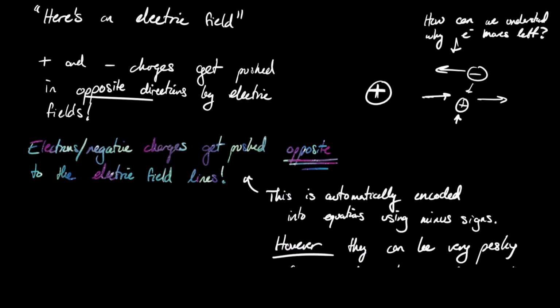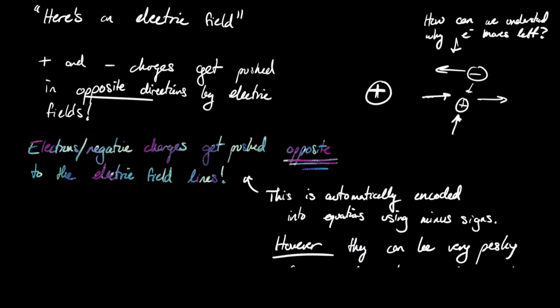Now, I just want to point out one more thing again. I've said it before. Force refers to the force felt by a particle, the direction a particle will move. Electric field removes that particle information, and it just asks, what would a positive charge do if we put it here?